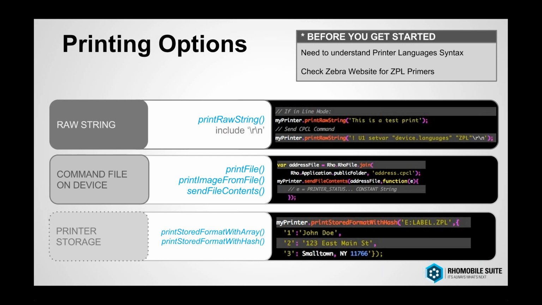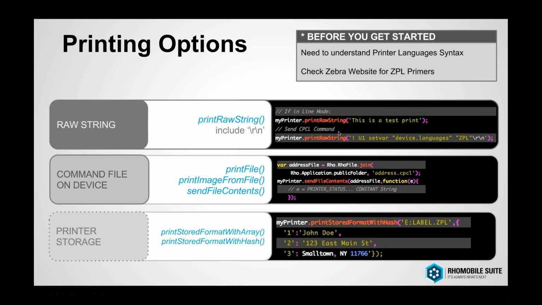A lot of times people store a series of printing commands in a file, and you may want to reuse that file, so you can print from physical files that you include in your application or that reside on the device. And another aspect is if commands are stored on the printer itself. The printer may already have been preloaded with a label, let's say, and you just need to pass the data. You can do that as well.